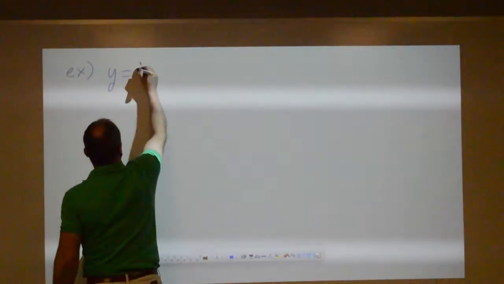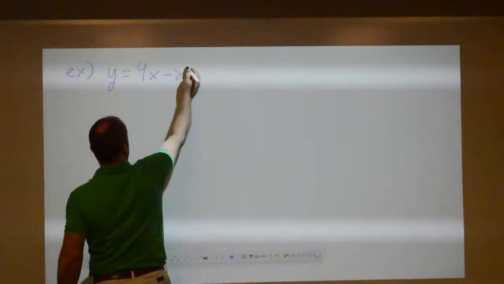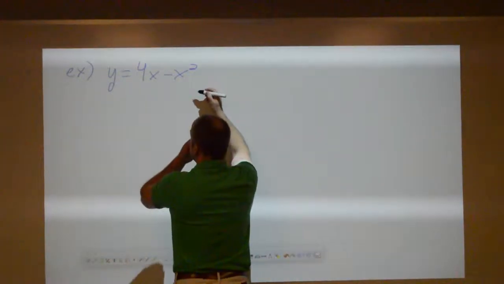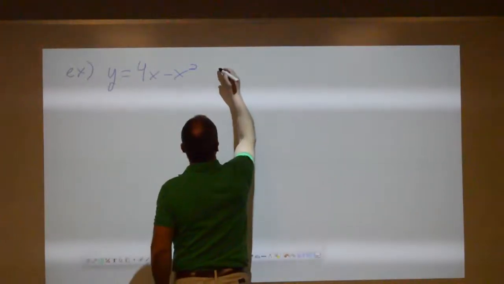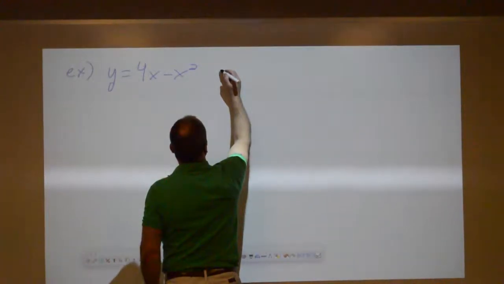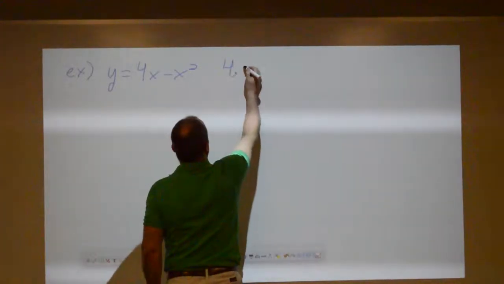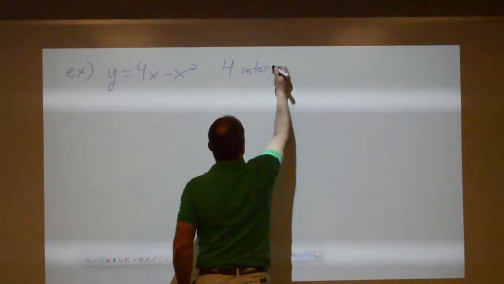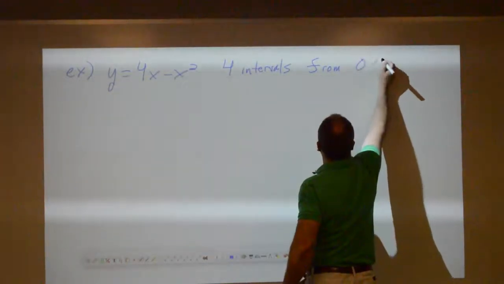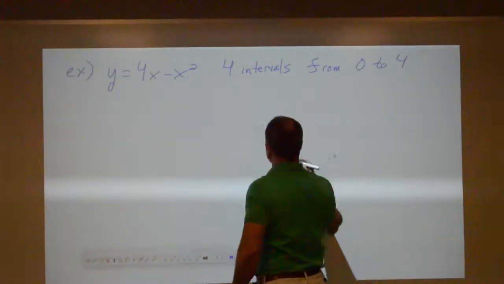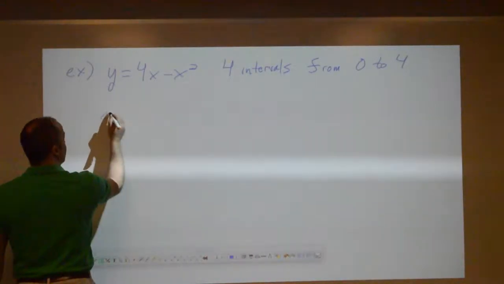Just going to do y equals 4x minus x squared. This was my first trapezoid rule example. Actually, it's kind of a bad example. Well, let's do that. We'll see what you think of this example in a minute. With 4 intervals from 0 to 4, we're going to just approximate this area.